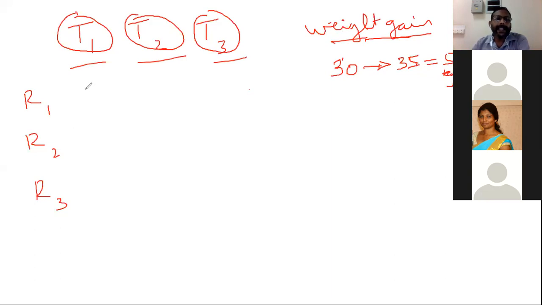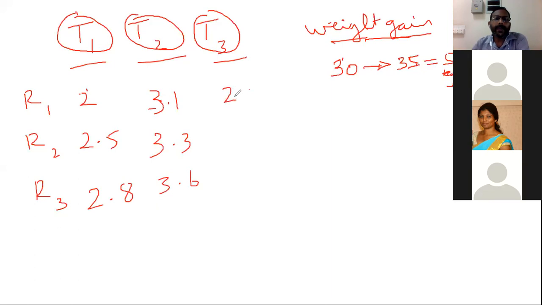So here the weight gain is after treating with T1. These are 2-month-old piglings. So weight gain here is 2 kilogram, here 2.5 kilogram, 2.8 kilogram, all right, from treatment 1. Let's say treatment 2: 3.1, 3.3, 3.6.